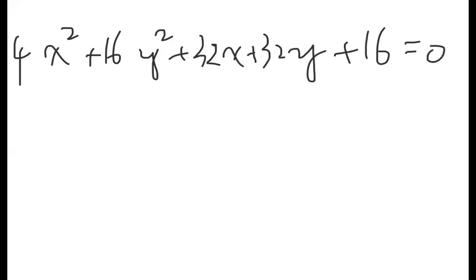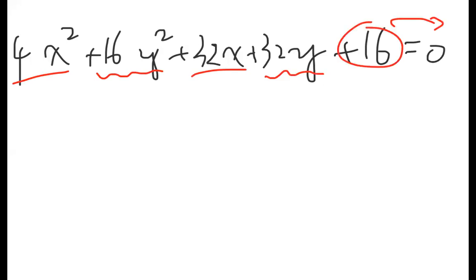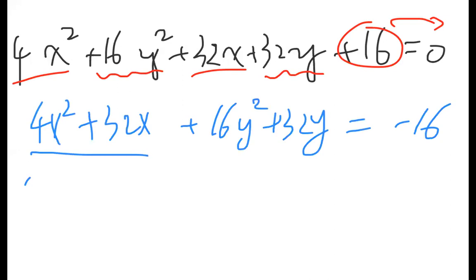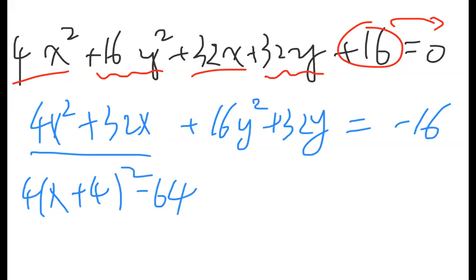All right, so the strategy is still the same. You put the x terms together, y terms together, and then the constant to the other side. So you have 4x squared plus 32x, 16y squared plus 32y equals minus 16. To complete the square for x, it becomes 4 times x plus 4 squared. To trade off, you have to minus 16 times 4, which is 64.